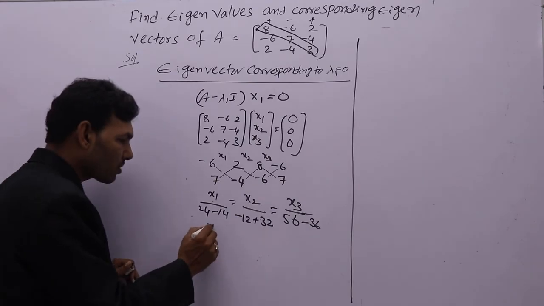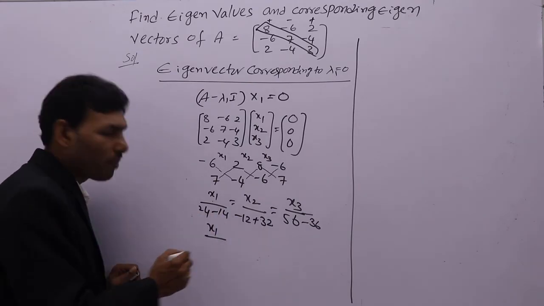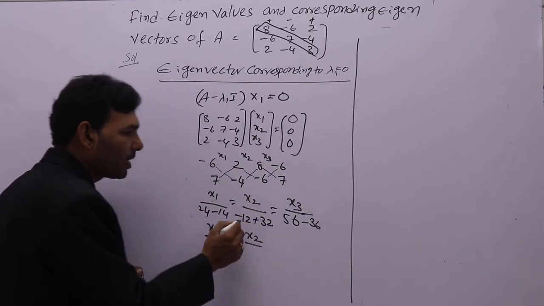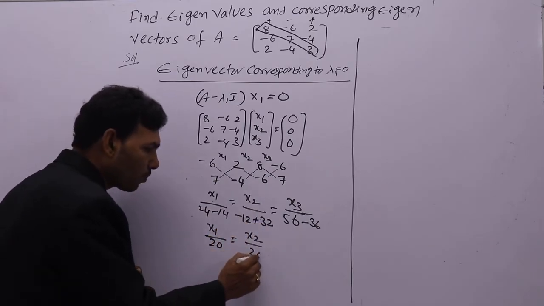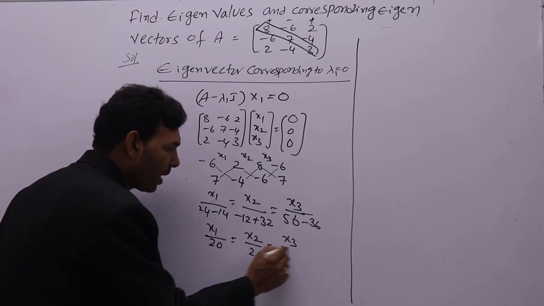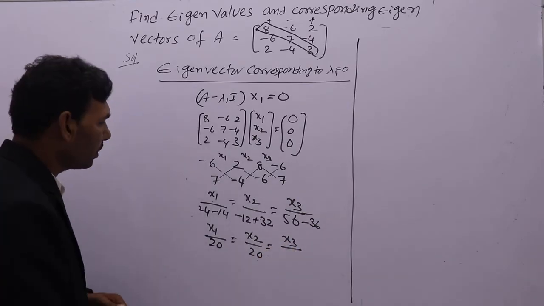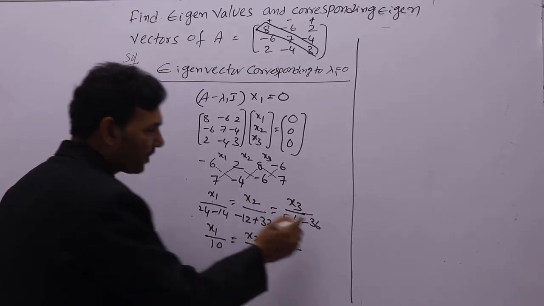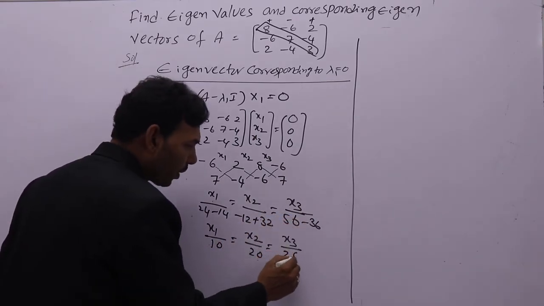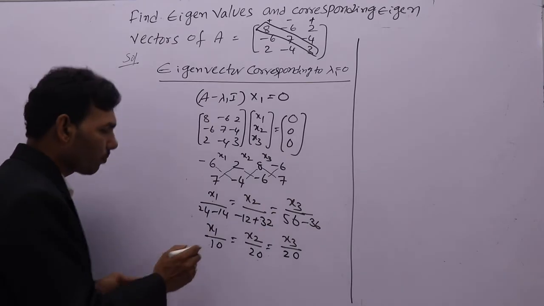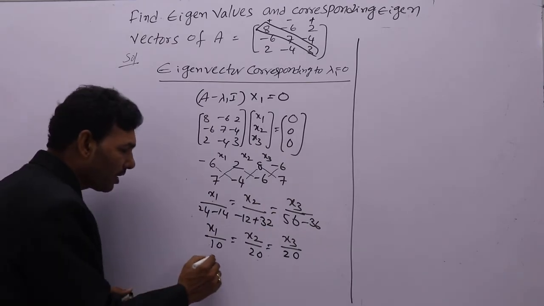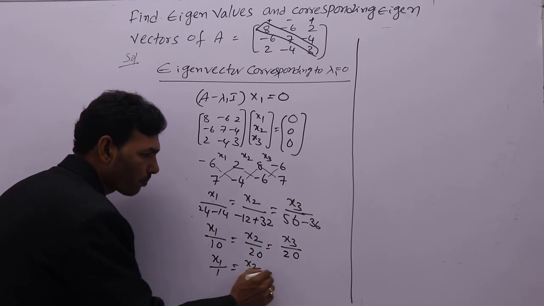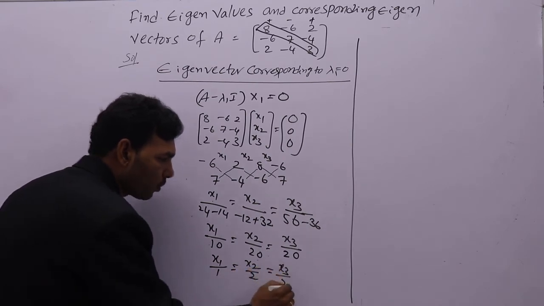Now x1: 24 minus 14, 10, sorry, 10. x2: 32 minus 12, 20. x3: 56 minus 36, 20. So now cancel with 10: 10 ones, 10 twos, again 10 twos.